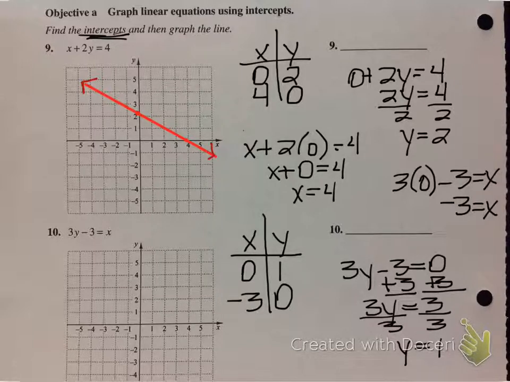So here are my 2 points: 0, 1, which would be on my y-axis, and -3, 0, which is on my x-axis. And now I'm going to draw my line through my points, and then I need to put arrows on the ends to indicate that it is a line because it goes on forever and ever.